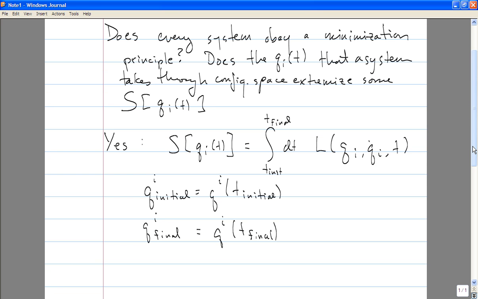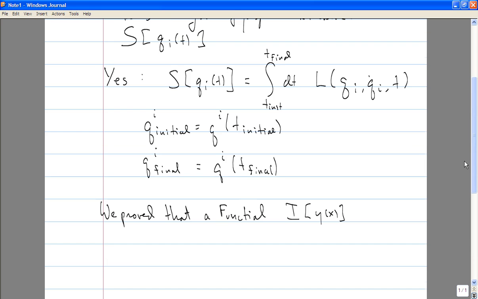So, in particular, we showed that a functional I, which is a function of another function, defined as follows.